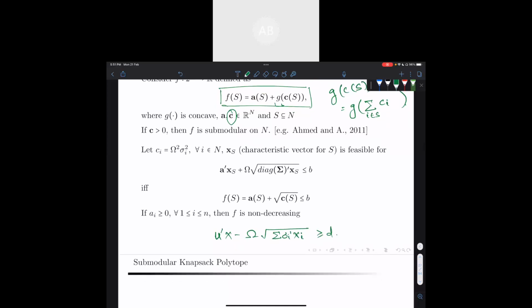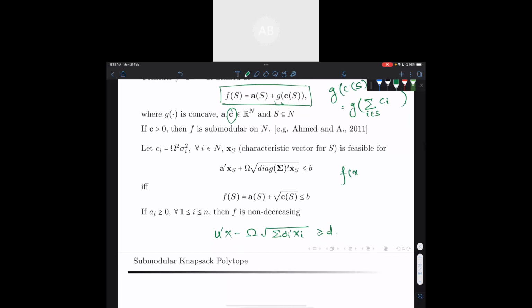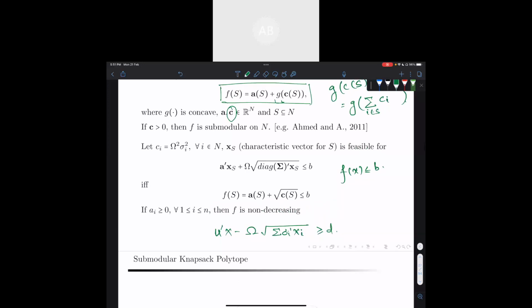Let's get it into this form, f of x less than or equal to b. So I multiply everything by -1, which makes it minus u transpose x plus omega times the summation. I'll just multiply the first thing by -1.